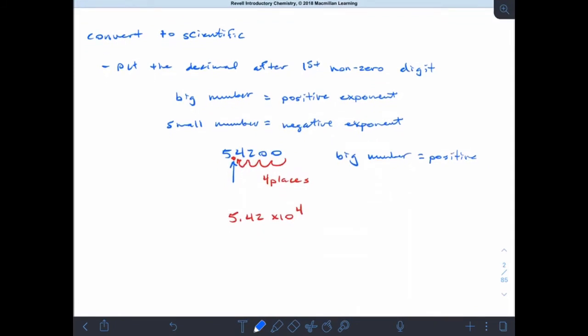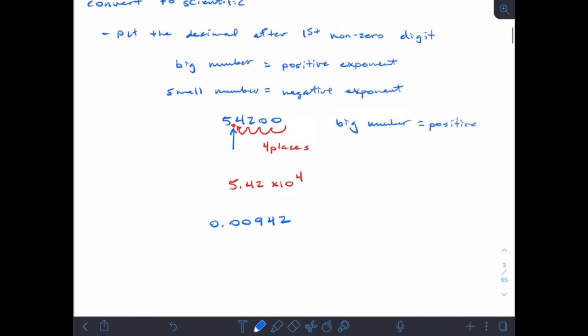All right, so let's say I have a number that is 0.00942. Apparently I'm fond of 2s today. So small number gives us a negative exponent. Okay, so I'm going to put my decimal place after the first non-zero digit.